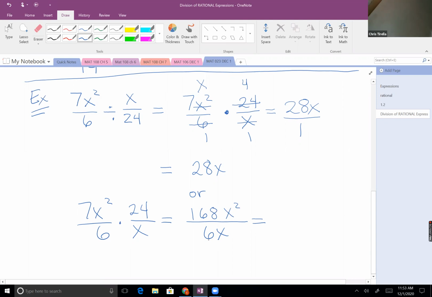And then we can divide 6 into 168 would be 28. x into x squared would be x. Again, both take us to the same place.